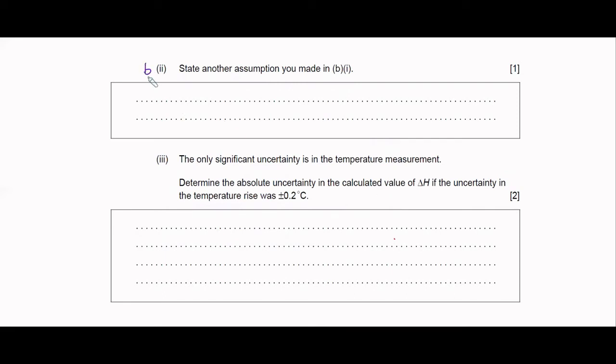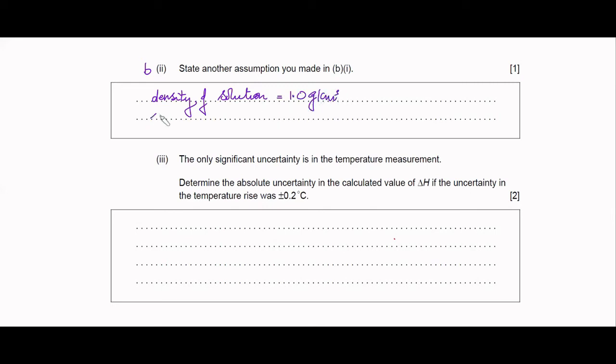It's from B only. State another assumption you made in part 1. We have already made a few assumptions. I indicated it there itself, so I'm just highlighting it once again. The density of the solution was assumed to be equal to 1.0 grams per centimeter cube, which is actually the density of water.